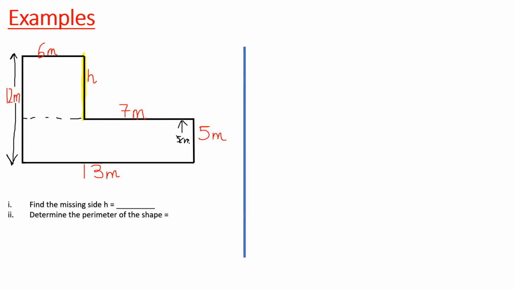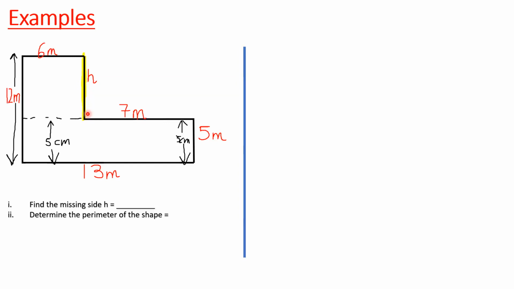So from here to here is also 5. The whole thing is 12, and this part is 5, and I just want the rest. So how am I going to get it?